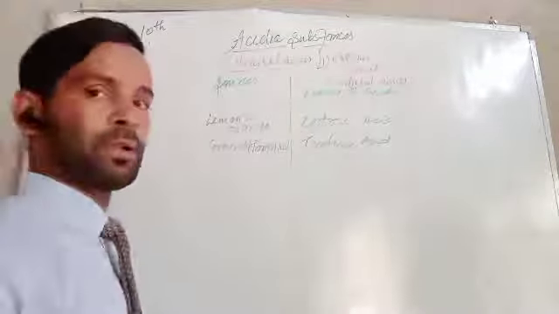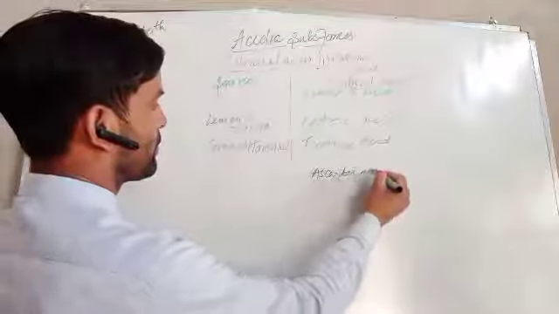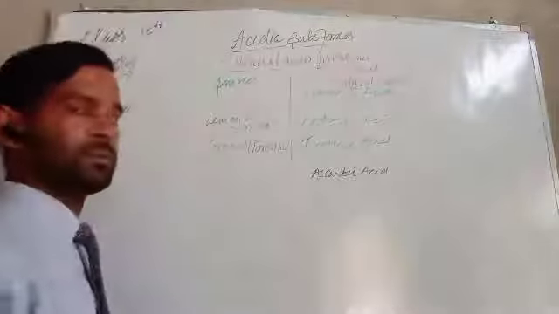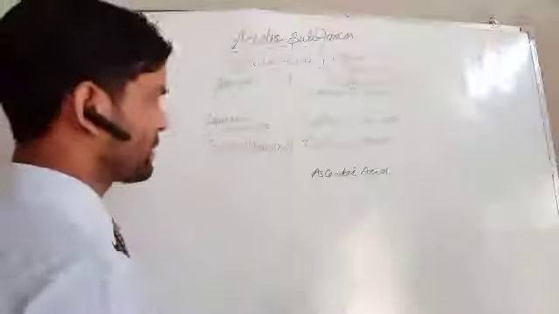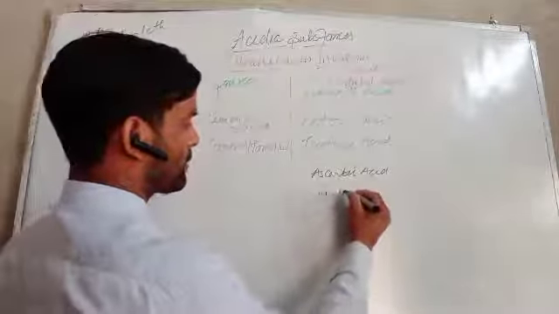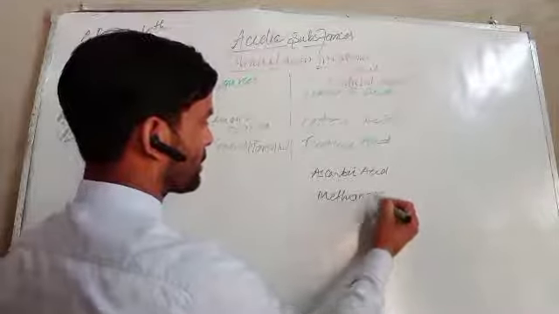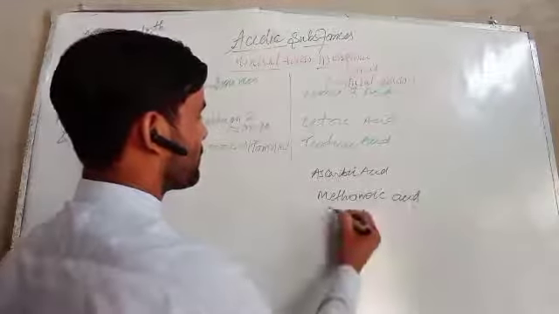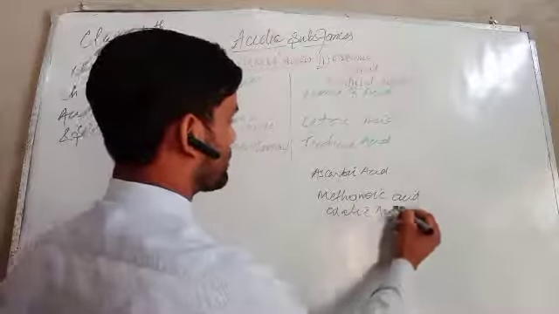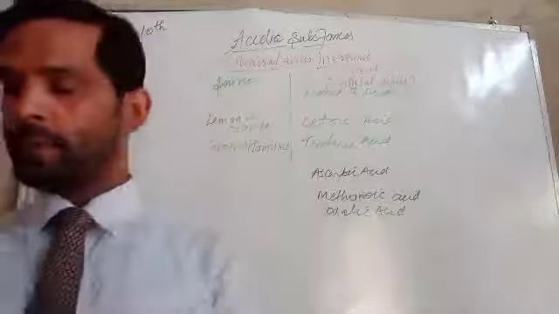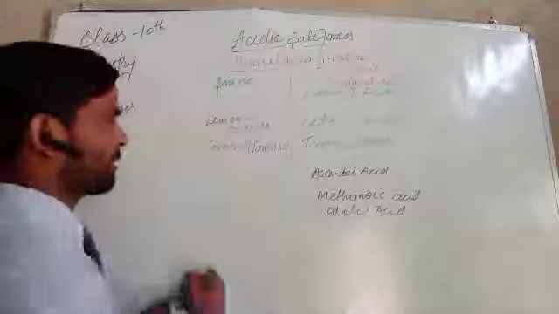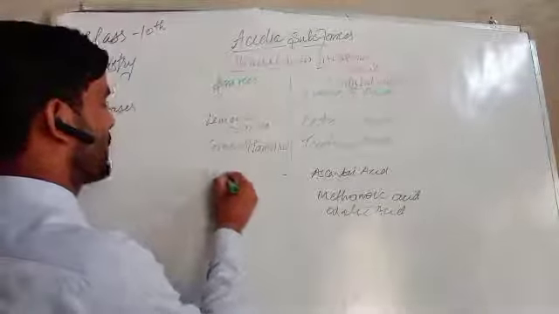like lemon and orange, the grapes, tamarind. Next to this, ascorbic acid, methanoic acid, oxalic acid. Ascorbic acid is produced by citrus fruit.